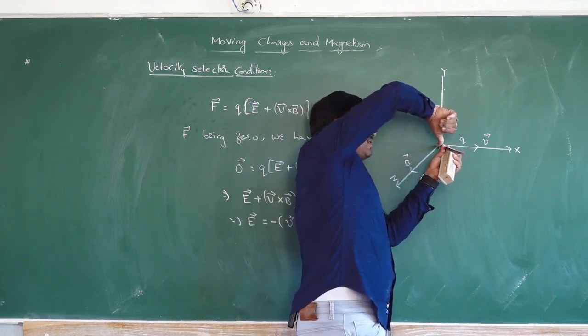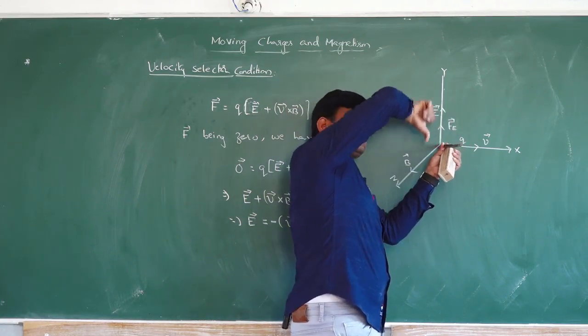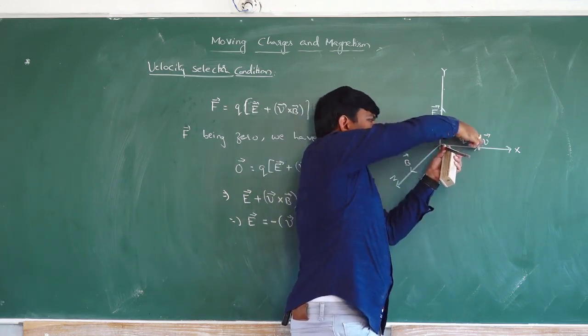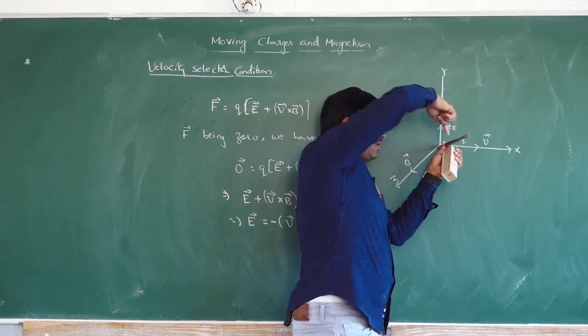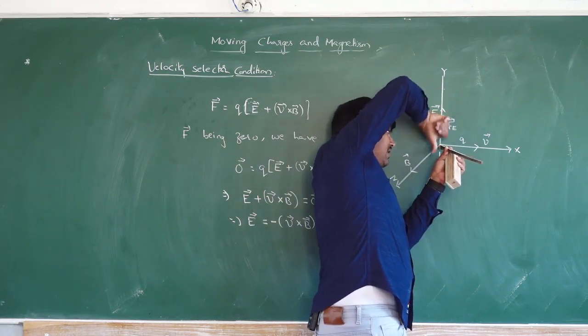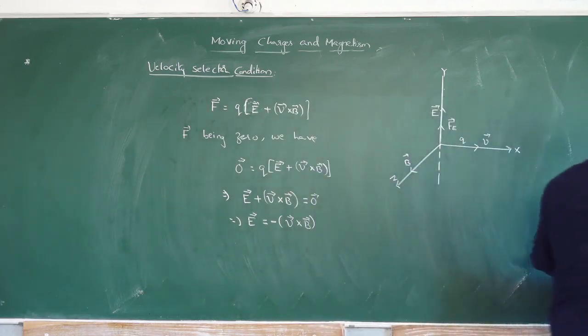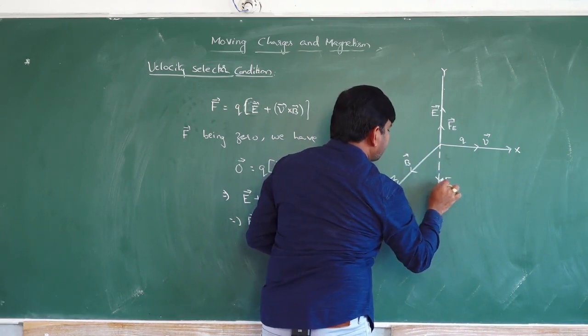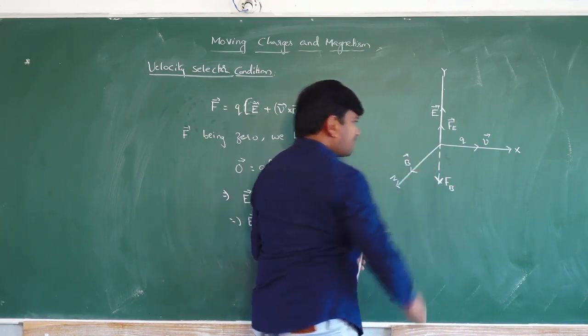V bar cross B bar is like this, so directed along the negative y direction. Is it clear? This is z axis, this is x axis, V bar is like this, B bar is like this. Direction of V bar cross B bar, V to B, is directed downward. Therefore, the direction of the magnetic force is like this. This is the direction of magnetic force.